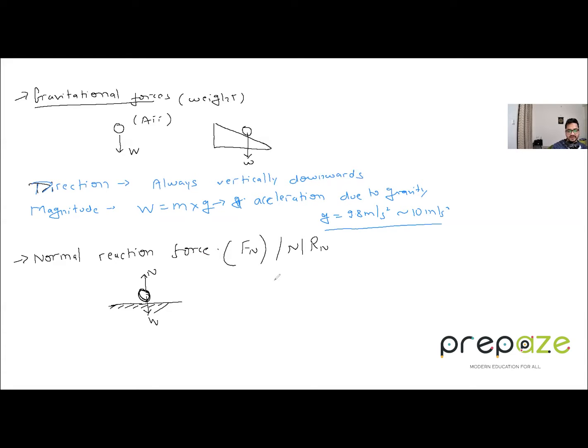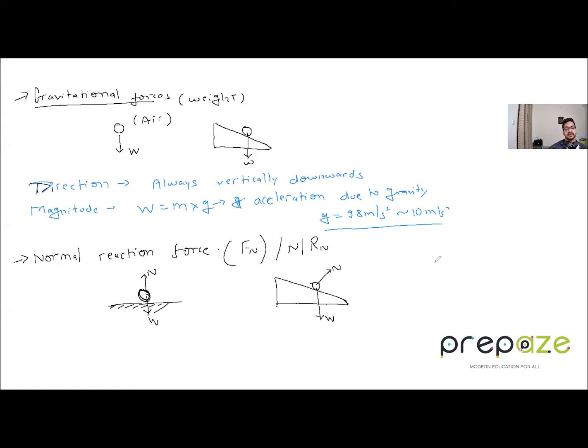But if I keep the same ball on an inclined surface, the normal reaction force will be like this. Weight will definitely be downward only. So the normal reaction force is always perpendicular to the surface. That is very, very important. A lot of students make the mistake of drawing the normal reaction force always upward.